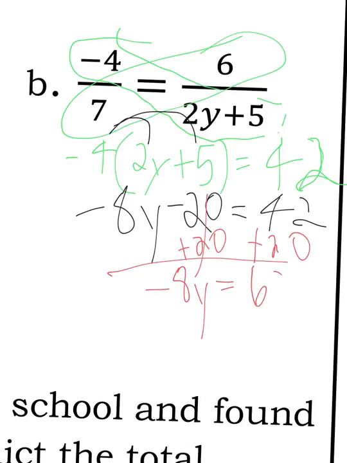Oh, 62. Alright, so what's 62 divided by negative 8? Looks like negative 7.75.